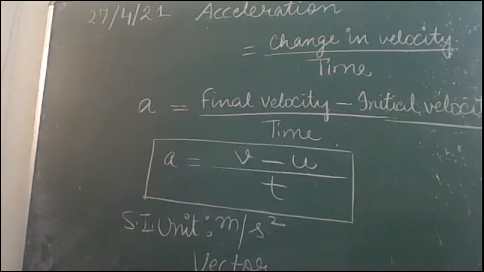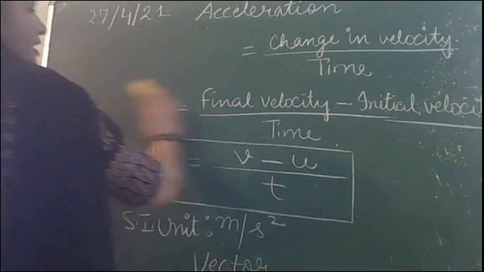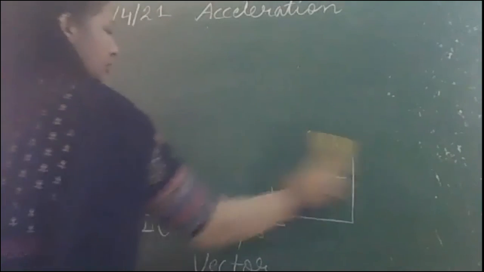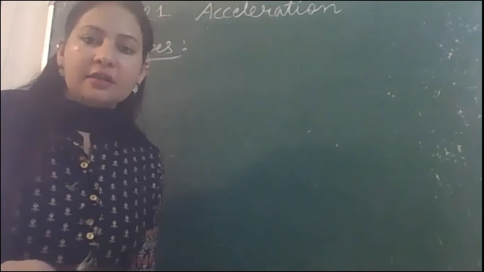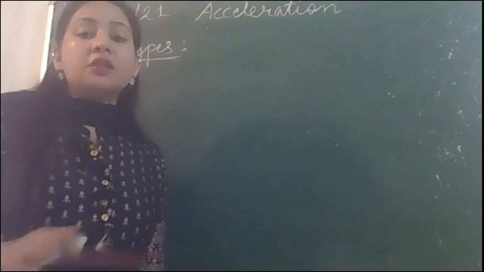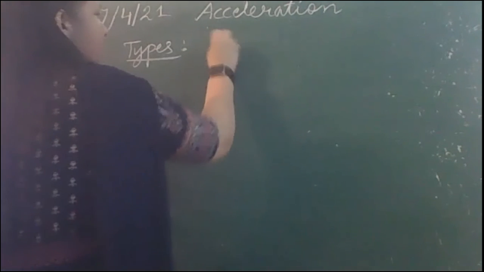Okay. Now let us do the types of acceleration. There are two types of acceleration depending upon change in velocity. There are other types of acceleration also, but depending upon the change in velocity, there are two types. Let us discuss that.